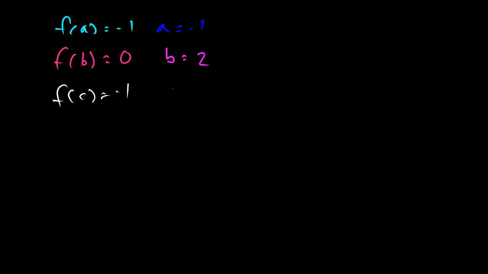So f of a was equal to -1, f of b was equal to 0, b was equal to 2, a was equal to -1, f of c was equal to -1, and c was equal to 1 plus or minus root 2.